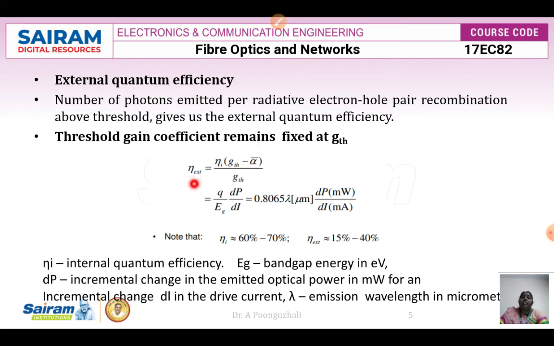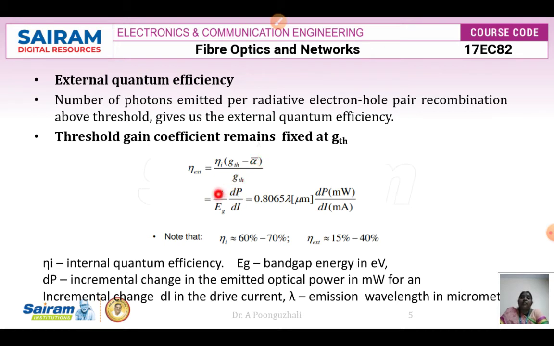So we can write the external quantum efficiency as your internal quantum efficiency into GTH minus alpha bar divided by GTH there. GTH is the threshold gain coefficient, and alpha bar is the absorption coefficient.